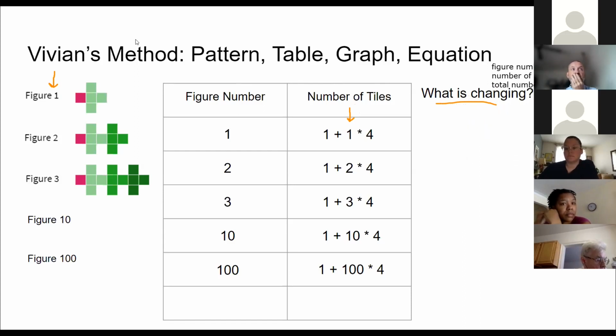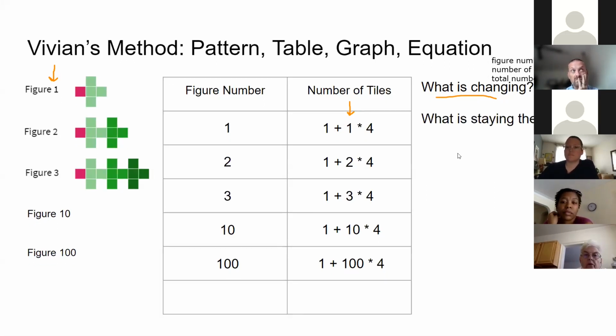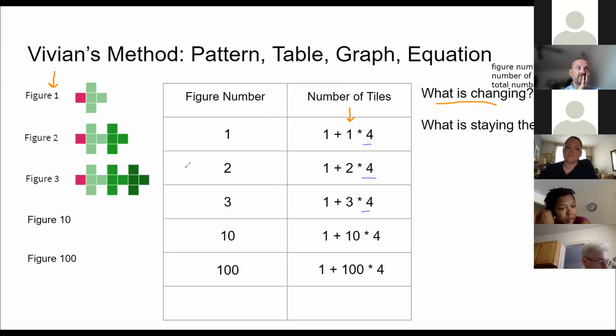Okay. So then what's staying the same? The number of red tiles and the amount of green tiles. The amount of green tiles doesn't change, and the 1 red tile. So the number of green tiles, like we said here, is always 4.